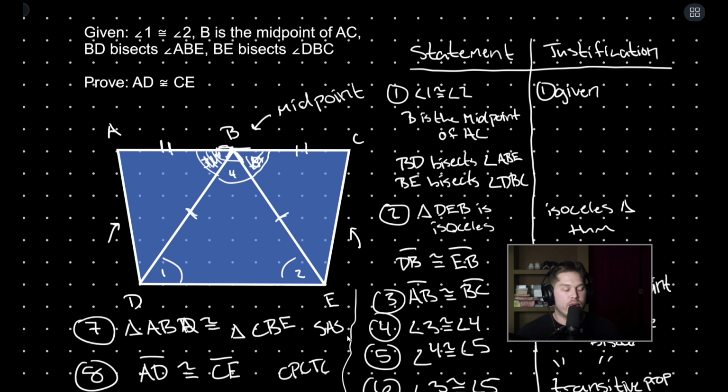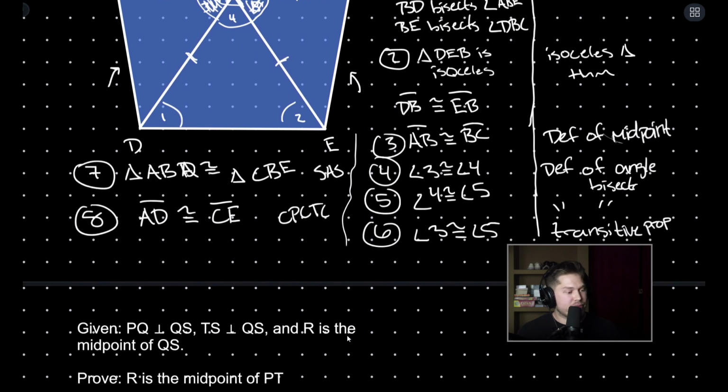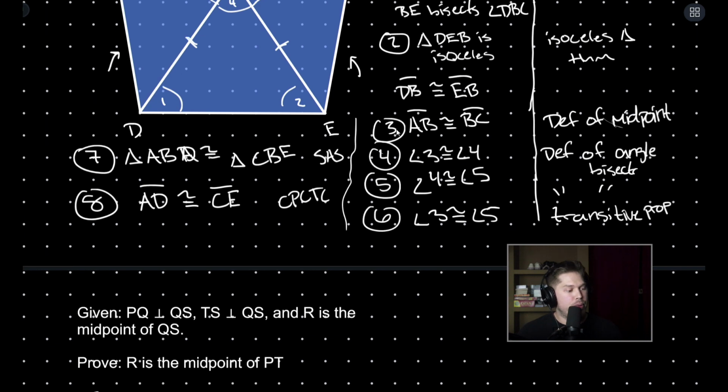Next, since angle 1 and 2 are congruent by the isosceles triangle theorem, we know that this middle triangle is isosceles. So the legs, the sides opposite the angles, are going to be congruent. Next, we were able to say that AB is equal to BC by the definition of midpoint.